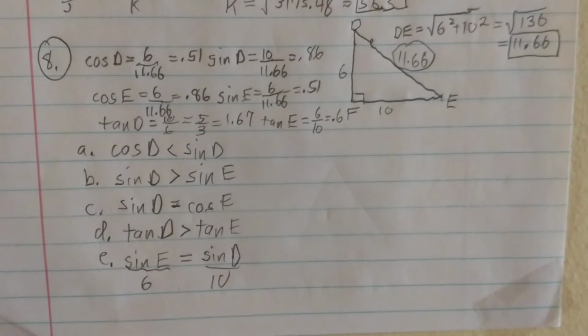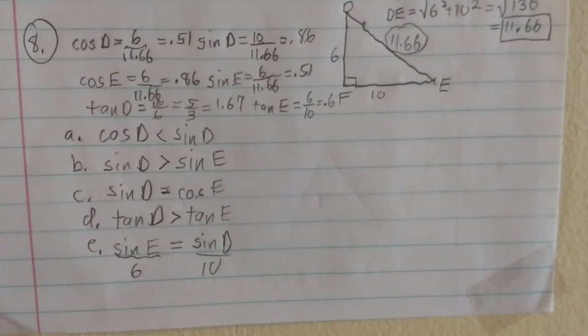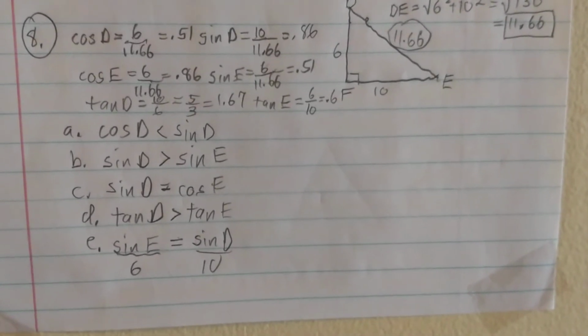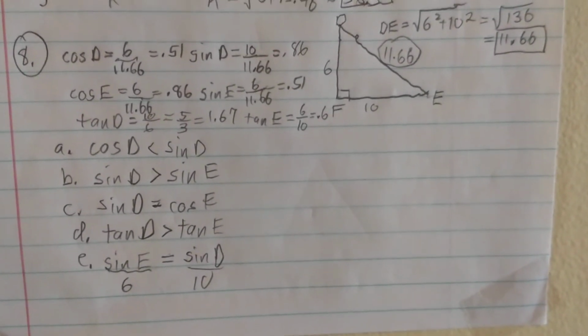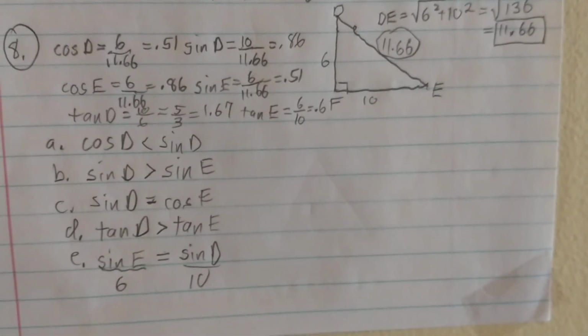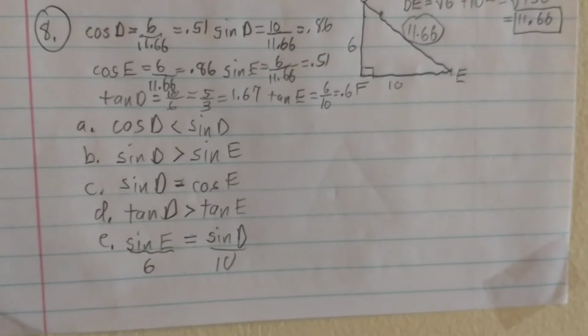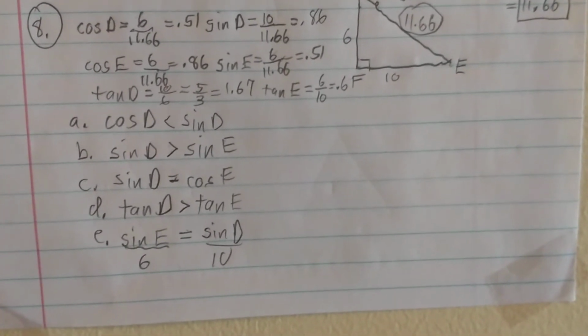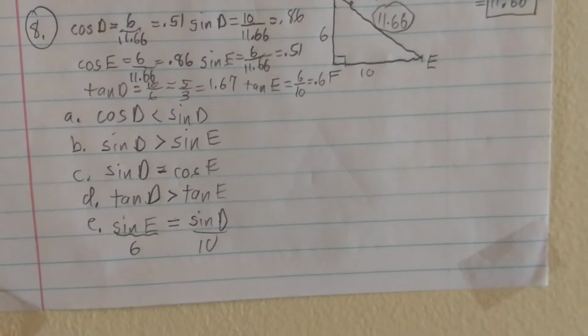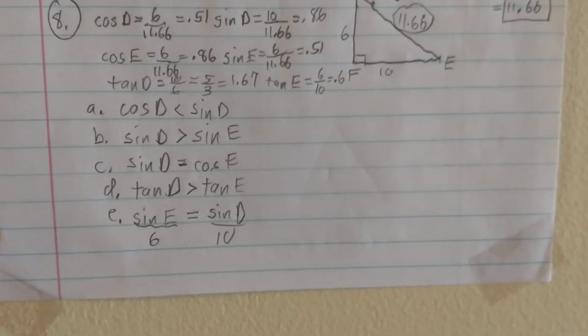So the cosine of D is adjacent over hypotenuse, or 6 over 11.66, which is 0.51. Sine of D is opposite over hypotenuse, or 10 over 11.66, which is 0.86. Now notice cosine E is the same as sine D, and sine E is the same as cosine D. That always happens.